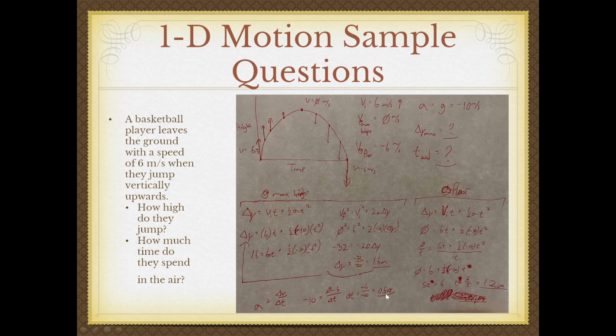I'm pointing this out so that you can note that this 0.6 seconds is exactly half of the 1.2 seconds. 1.2 cut in half is 0.6. And what that tells us is it takes 0.6 seconds to rise up to this point, and then another 0.6 seconds to fall back down. It's symmetric.